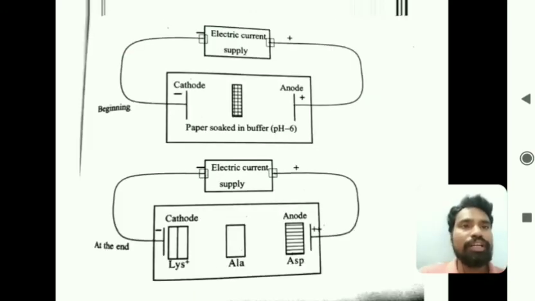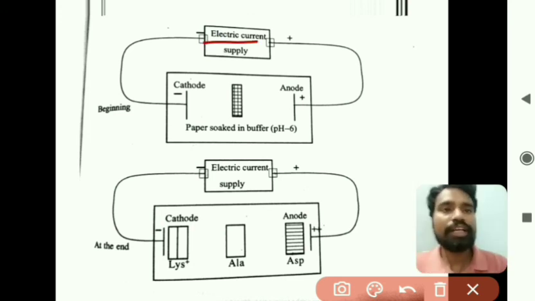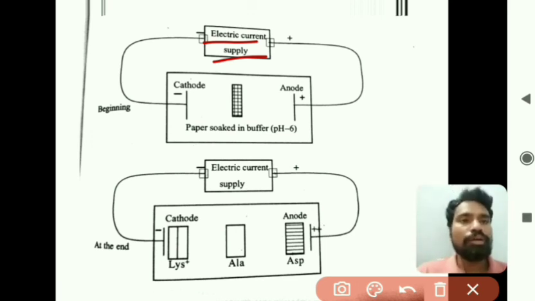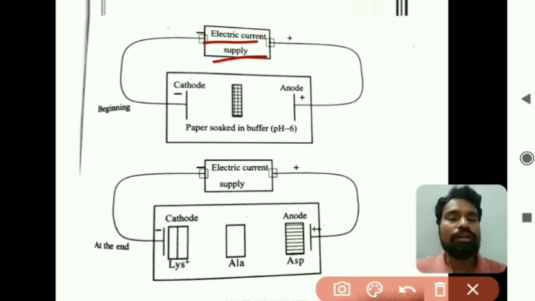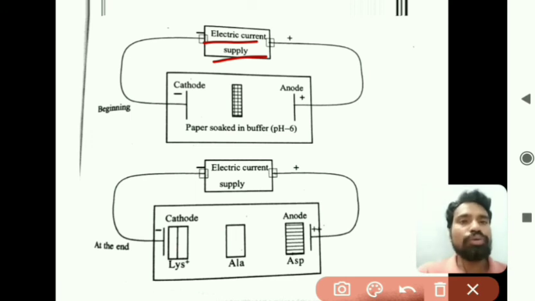So now we will take all these things into an electrolysis process. Just observe here, this is the electric supply, right? So we are placing the soaked paper in between the two electrodes, cathode and anode, right?